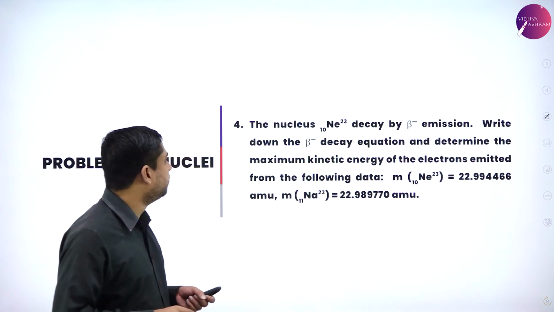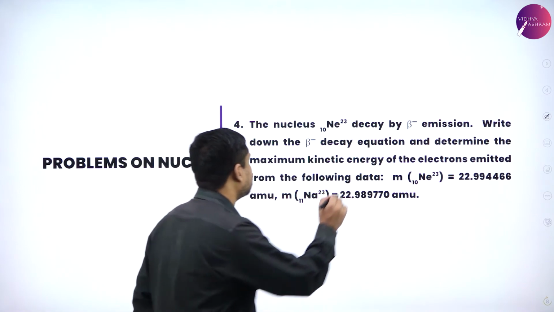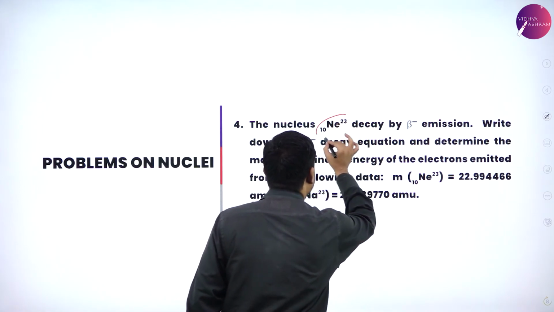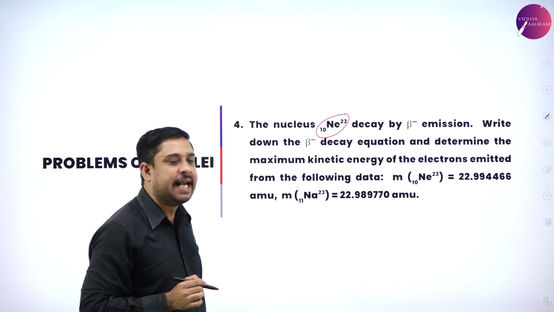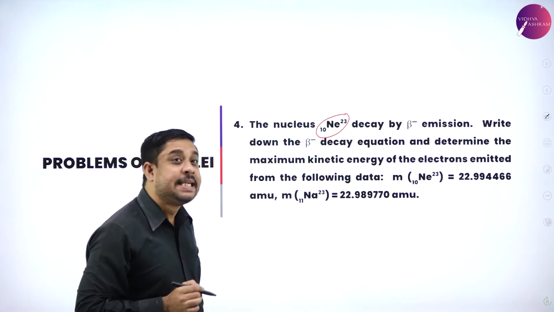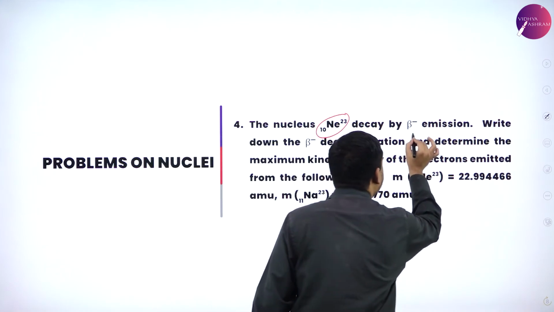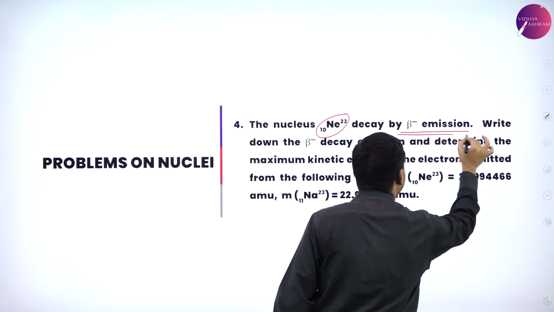The next problem, the nucleus Ne-23 (atomic number 10) decays by beta emission.